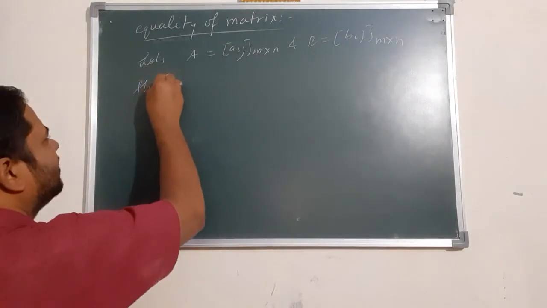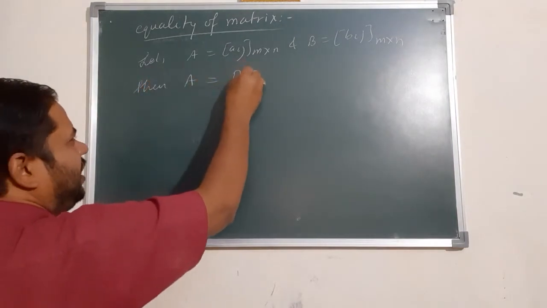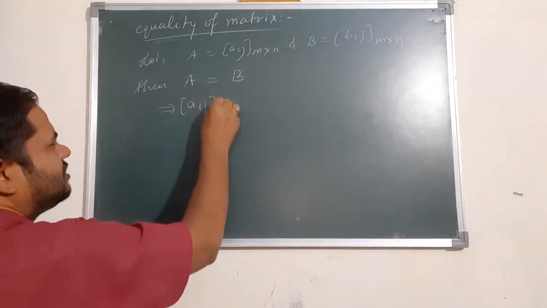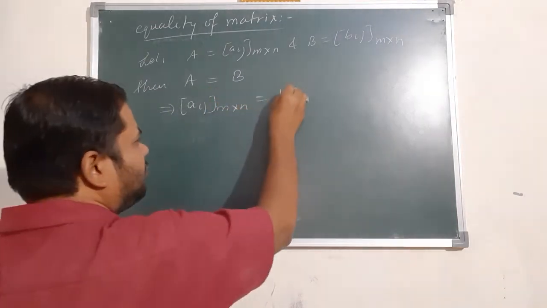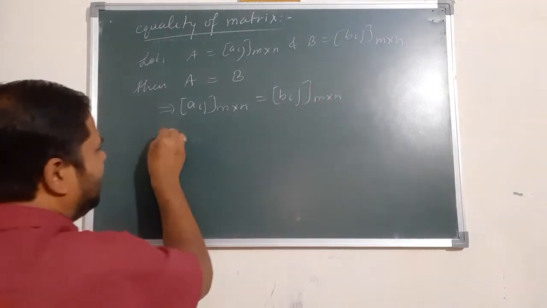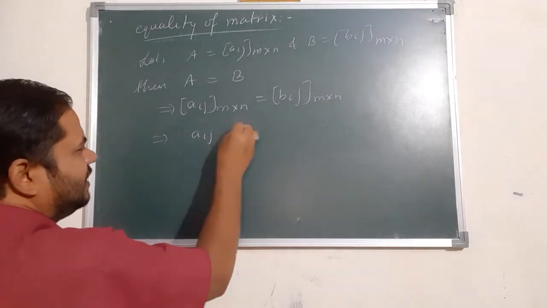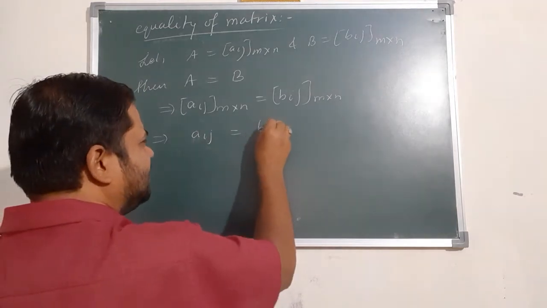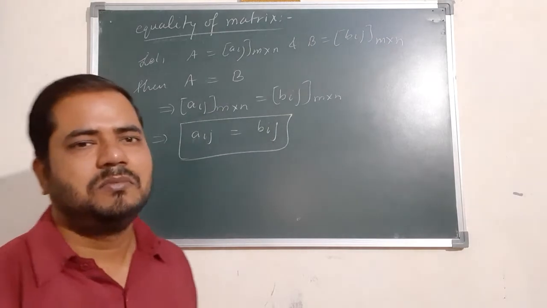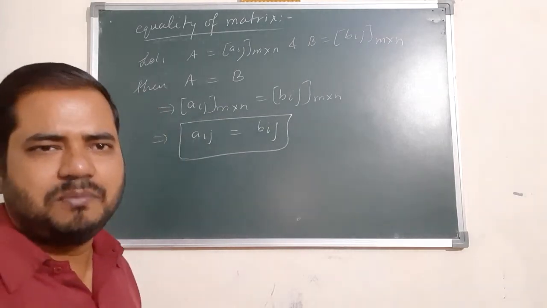Then A is equal to B if Aij of M cross N is equal to Bij of M cross N, and this means Aij is equal to Bij. Mathematically you can write this as equality of matrices.